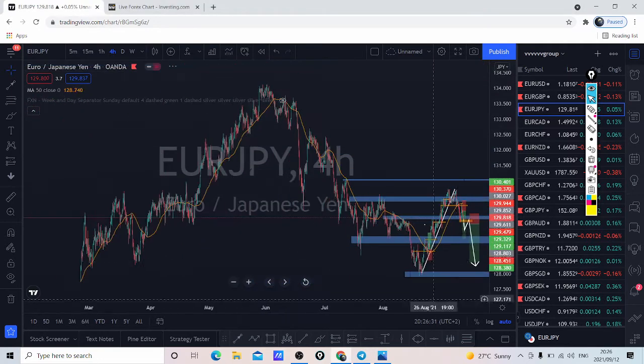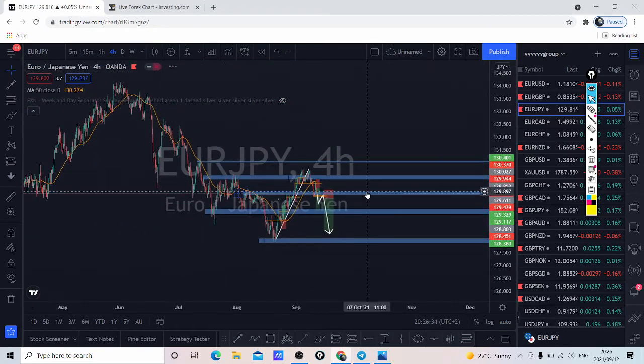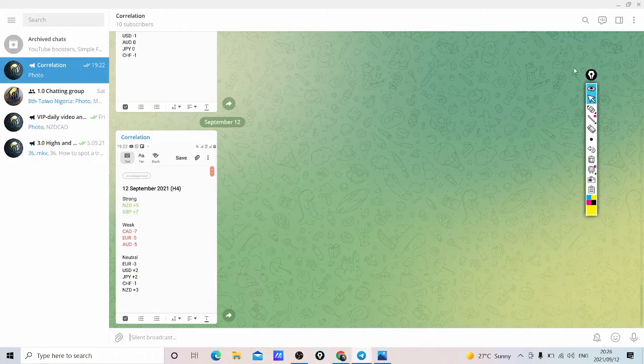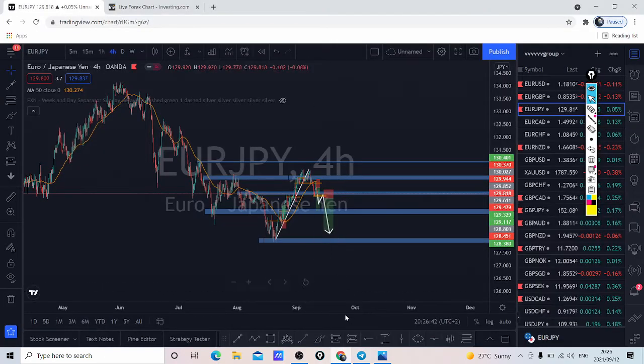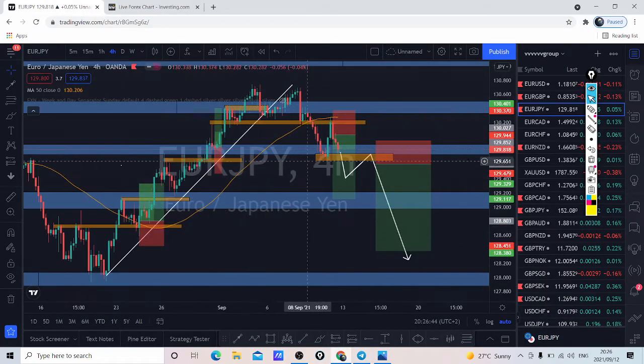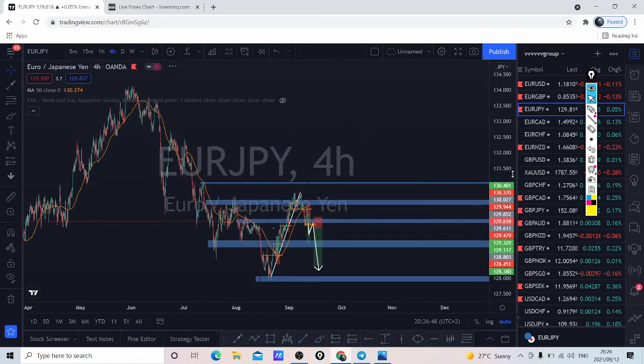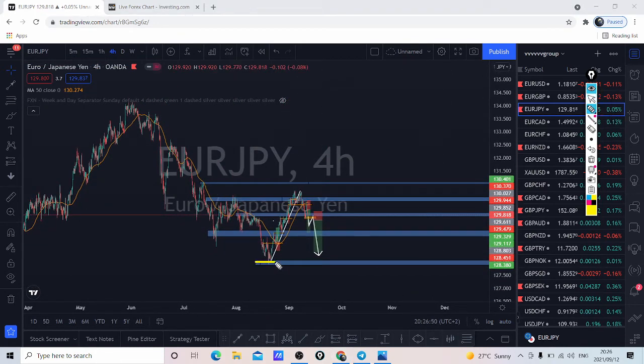If the daily time frame is saying we are selling, and the correlation numbers are also saying we are selling, then what is the use of closing your trade too early? You need to just hold, because it can even break the previous support, which is here. It can break it and make a new low.